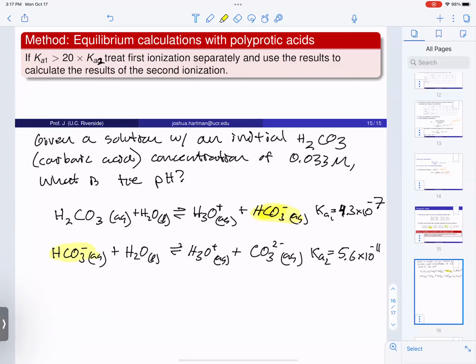And that's because it's going to be much, much less likely for a proton to leave something that's negatively charged than for a proton to leave this neutral reactant in the first ionization process.